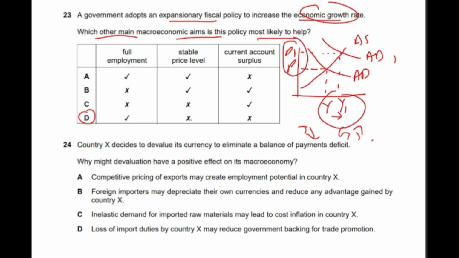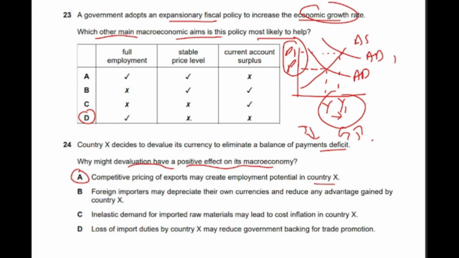Question number 24 says country X decides to devalue its currency to eliminate balance of payment deficit. Devaluation is when government itself reduces the value of currency against other currencies. Why might devaluation have a positive effect on its economy? Option A is correct answer. Comparative pricing of exports may create employment potential in country X, right?